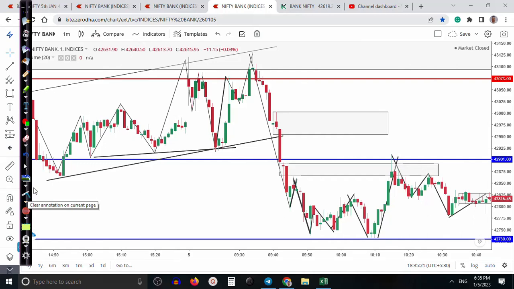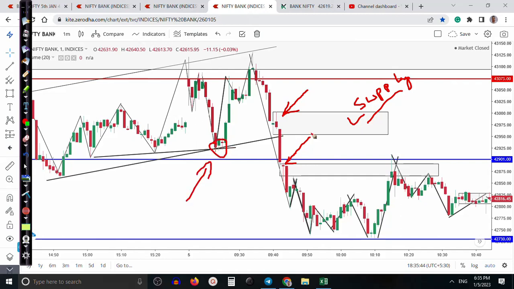Now we have seen smart money adding here on the short side, and again in this area. When they form this type of candle, I draw this type of zone. This is called a supply zone. In the upper side, this is called a demand zone, and this is called a supply zone downside.